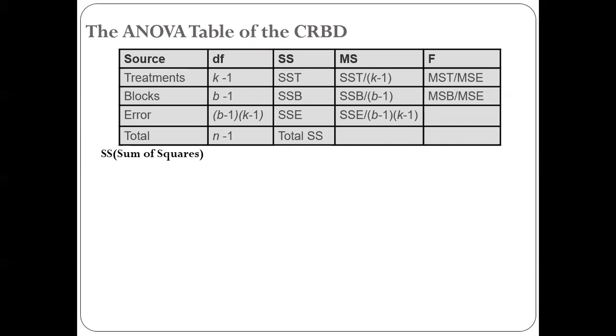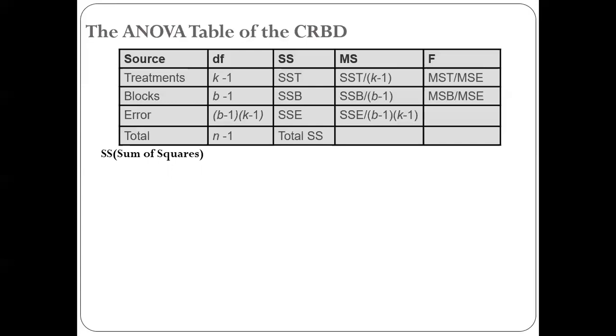It is very recommended to draw the table so we can see what analyses we need to measure and count so that we can get the test statistic F value.